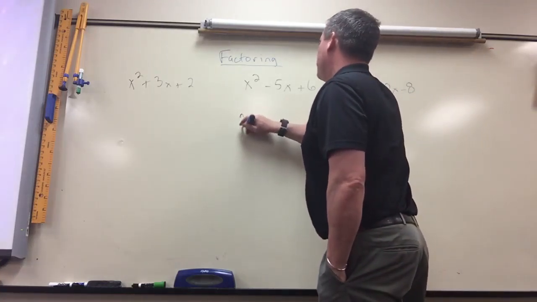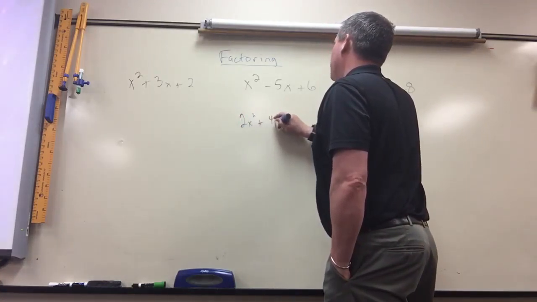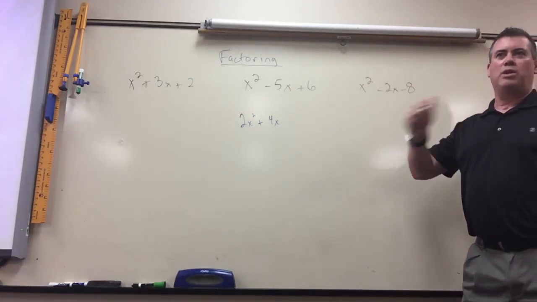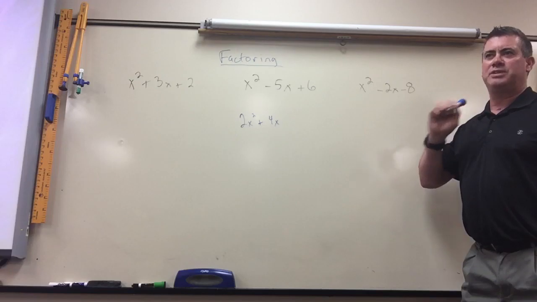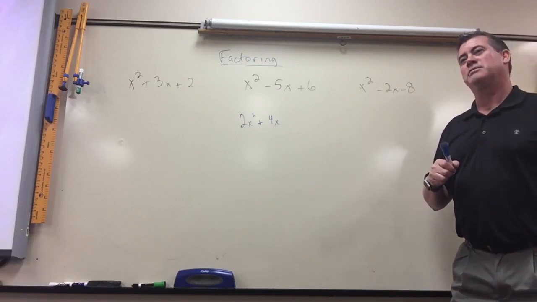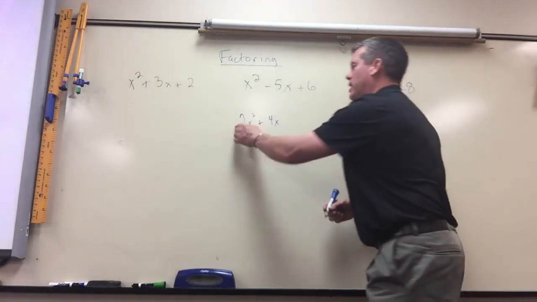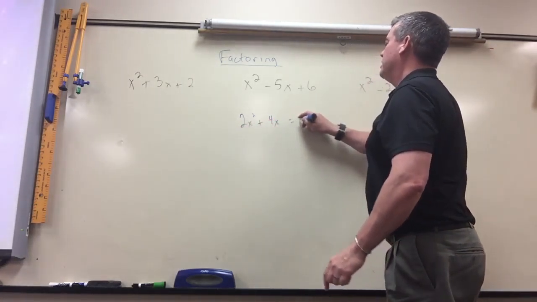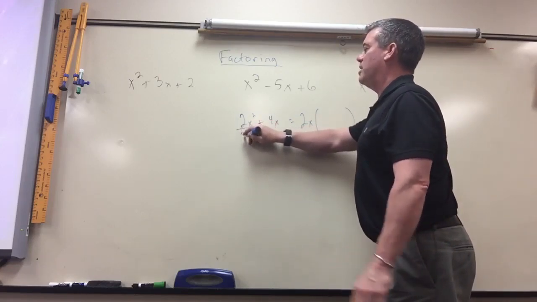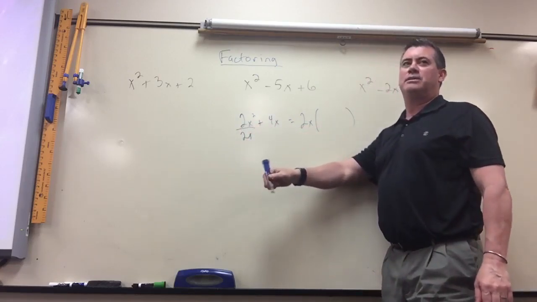If you've got 2x squared plus 4x, there's two terms there. What do they each have in common? What could you take out of both? An x and a number. What number? 2. You could take a 2x out of this and a 2x out of this. So we factor that out, and taking a 2x out is the same as dividing by 2x.